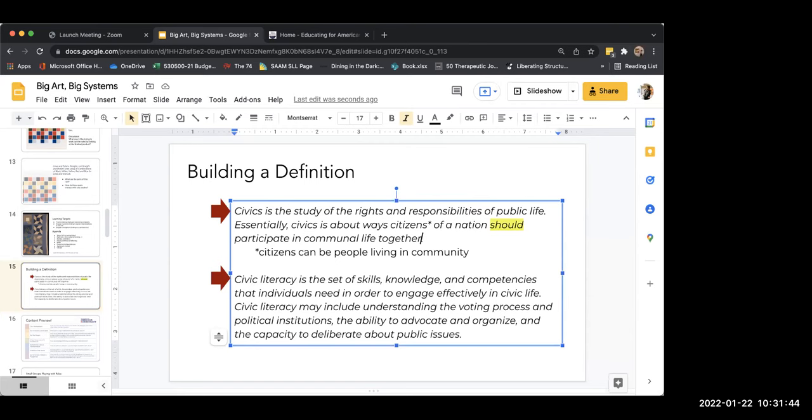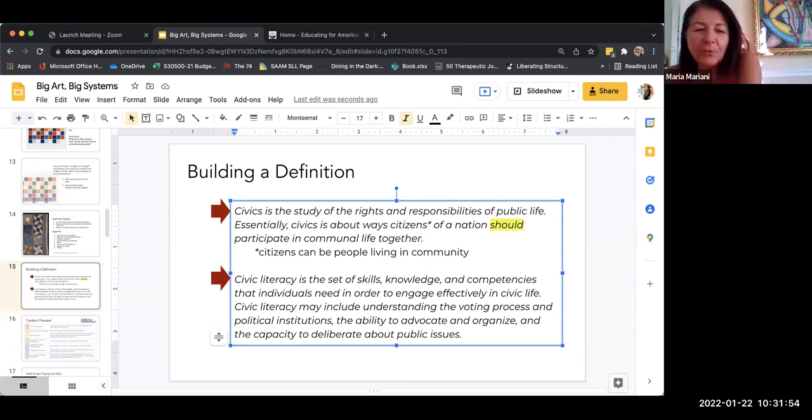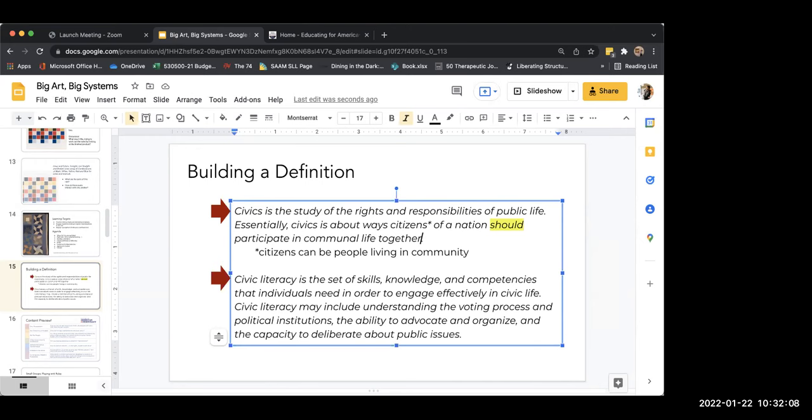Oh my goodness, all right. I don't know, does everyone agree with that? So that it gives a sense of we are working together, we are citizens together? I thought "communal" covered that, but I'm a language person, so I'm looking at all these words. I thought communal meant together. The nation should participate in communal life together.